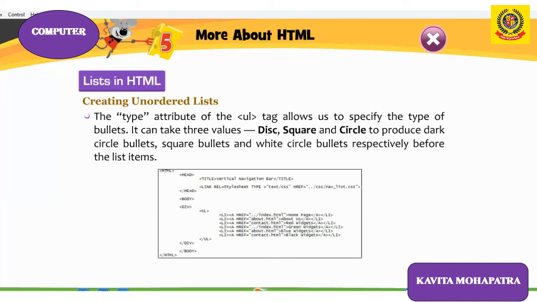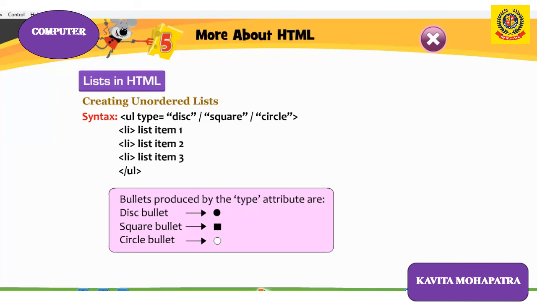You can write LI. And the type attribute of the UL tag allows you to specify the type of bullet. Suppose you want to take disc, square, circle, to produce dark circle bullets, square bullets and white circle bullets respectively before the list item.